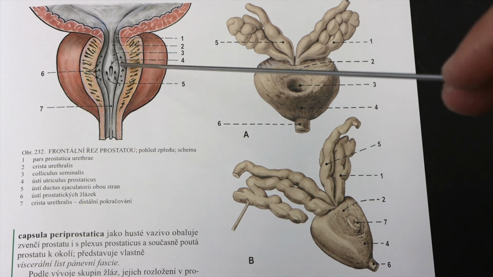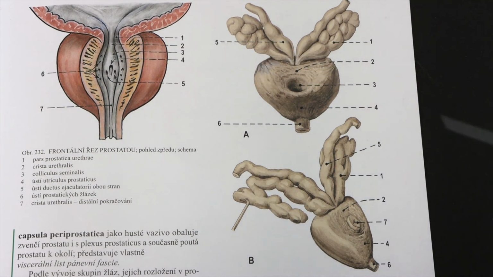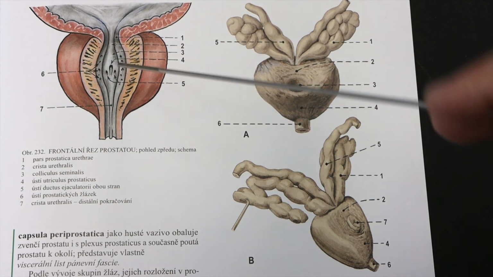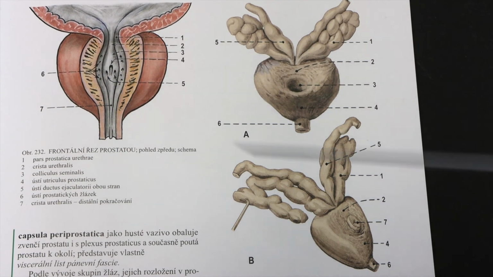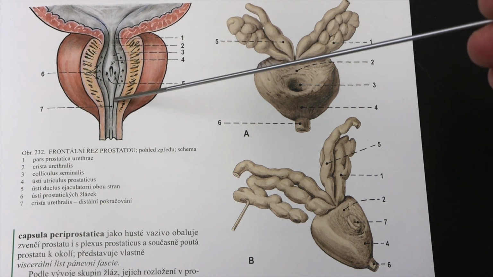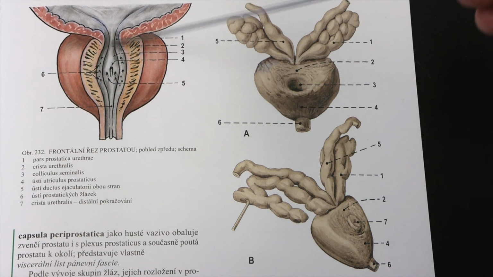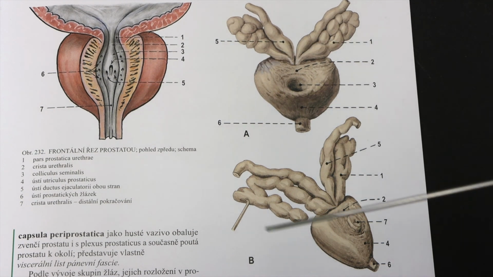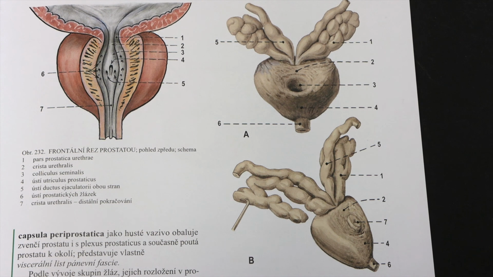So if I open the prostate and look at the prostatic part of the male urethra, you can see the crest here, which is called the urethral crest. This urethral crest is seen in the prostatic part of the urethra.